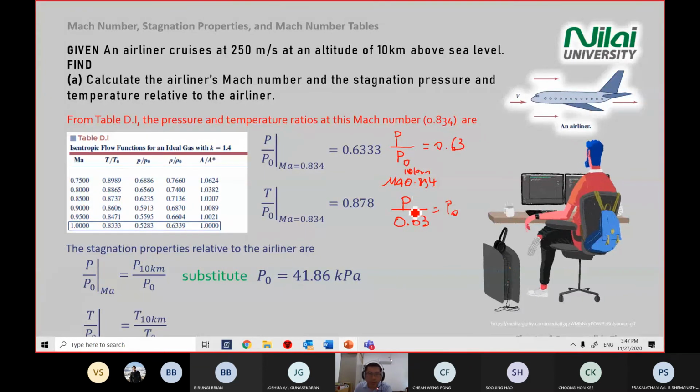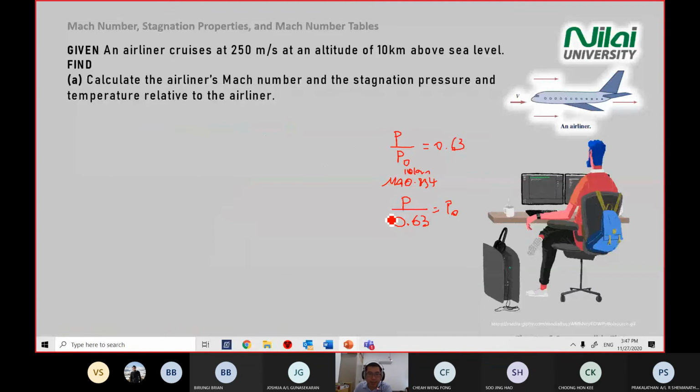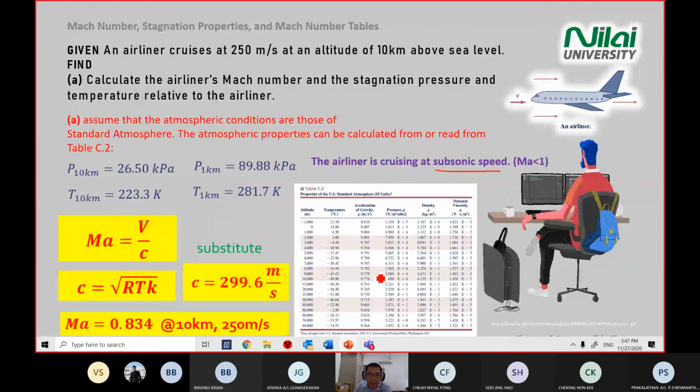Where do we find the pressure? In the table. How do we find the pressure value here? By referring to the pressure here. Just now I showed you how to find it from table C.2. Our pressure at 10 kilometer height is 26.5 kilopascal, or the value that you see here, 2.650 times 10 to the power 4.